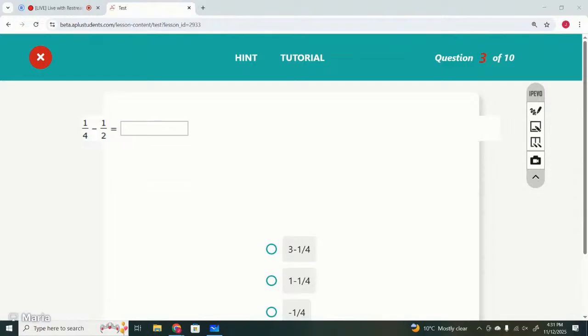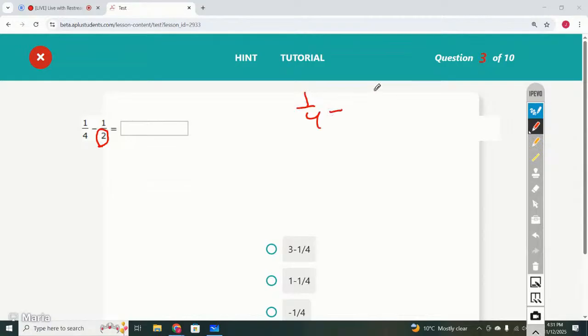1 by 4 minus 1 by 2. The first thing is we need to make the denominator the same. So we have to multiply this fraction by 2. 1 by 4, 2 times 1 is 2, 2 times 2 is 4. So now the negative.